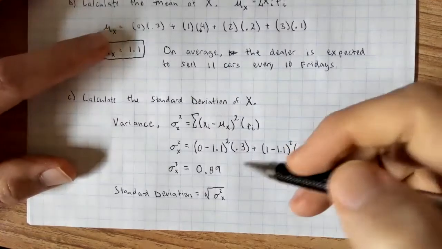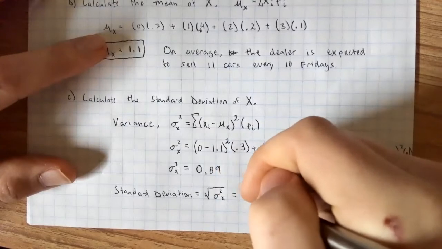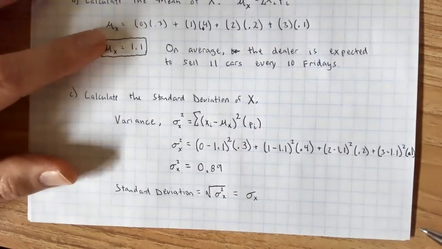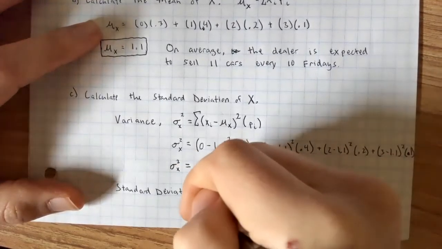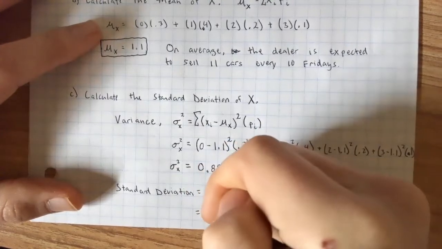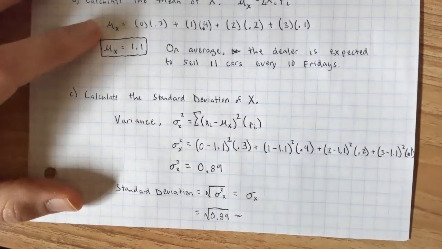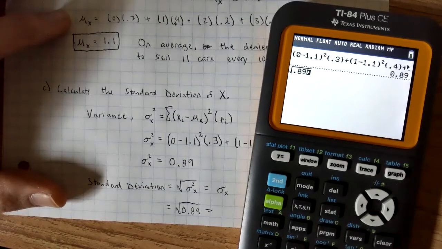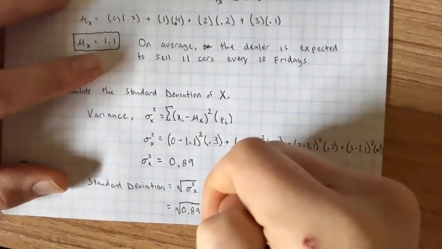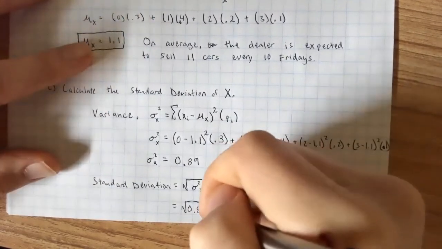And so that's why, with the standard deviation, the square root and the square really just cancel each other out and you're left with the standard deviation of x. So if we apply this to our variance here, the square root of 0.89 gives us 0.94. Fantastic.